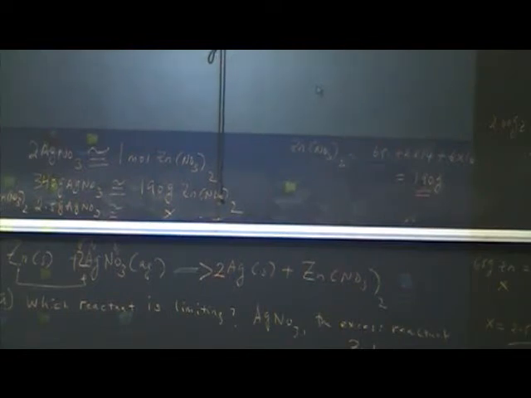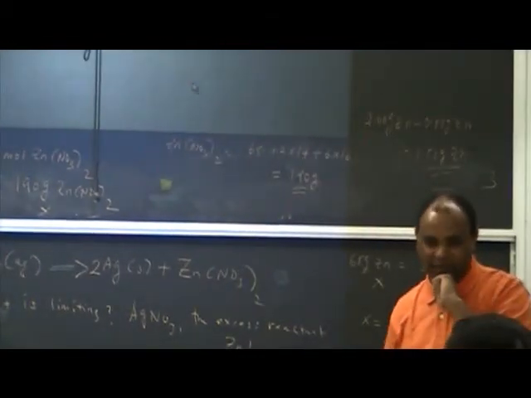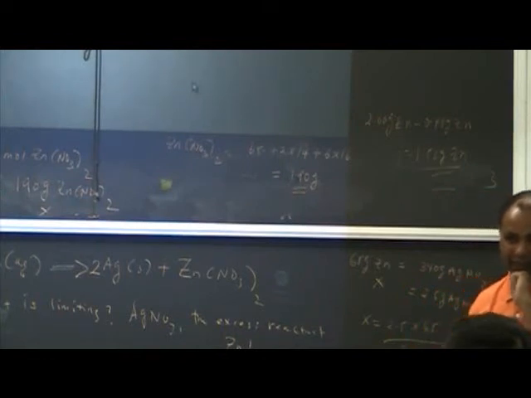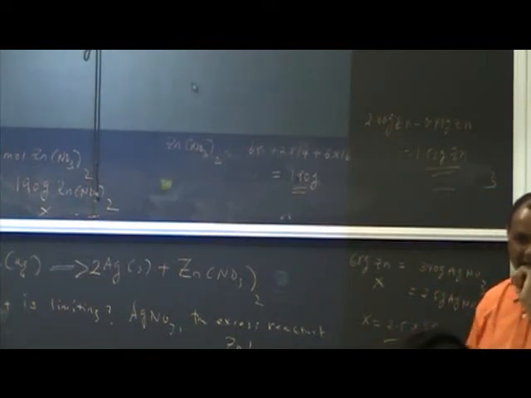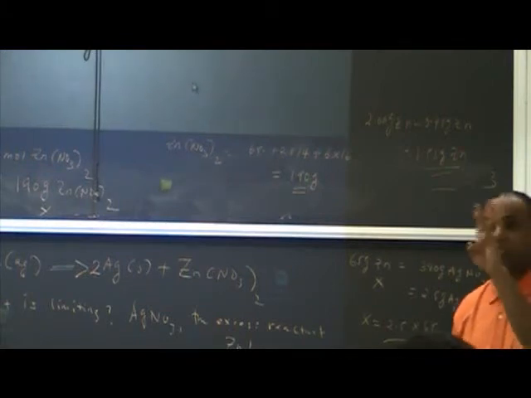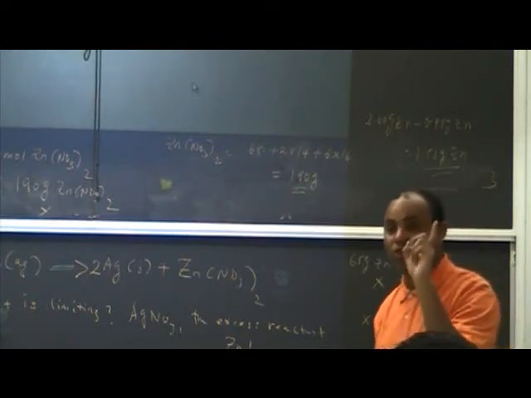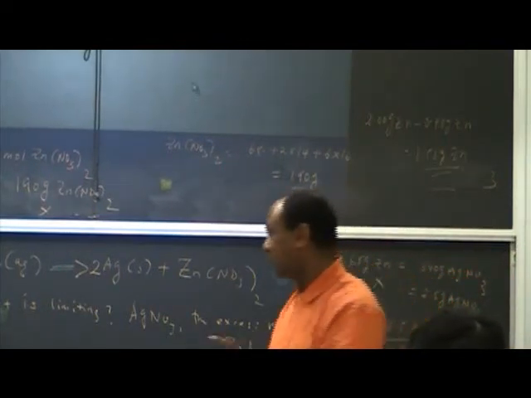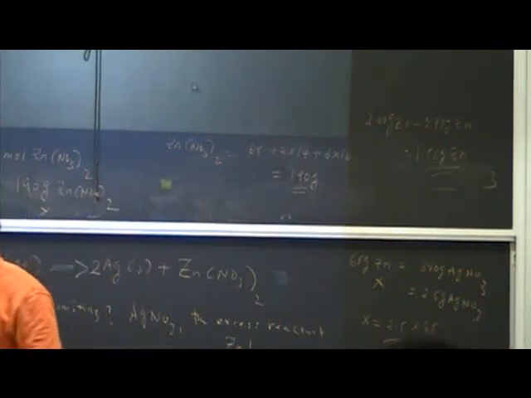Once you know that silver nitrate is your limiting reactant, then common sense, the excess will be the other one, right? But you just told me we didn't have to do it in reverse. That's what I'm saying, so then we have to do it in reverse to find out the third one. For the first one, to determine which one is the limiting reactant, one would be enough.